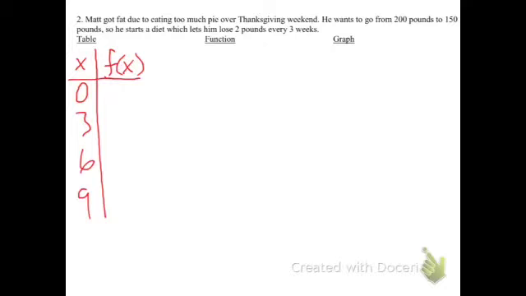Anyway, so when I'm starting out, right when the diet's starting, that's what's going to be here in my first row on my table. That's going to be 200. And you notice something a little bit different about my x's on this one. I didn't count by ones because my rate isn't every week, it's every 3 weeks.